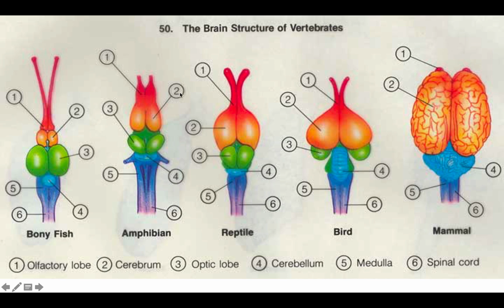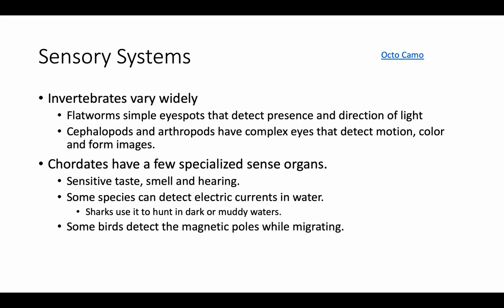Okay, so this is a breakdown of the different chordates and what they look like as far as their brains. Different sensory systems. Invertebrates vary widely. Pretty much what we're talking about here is the senses: taste, sight, hearing, smell, touch.